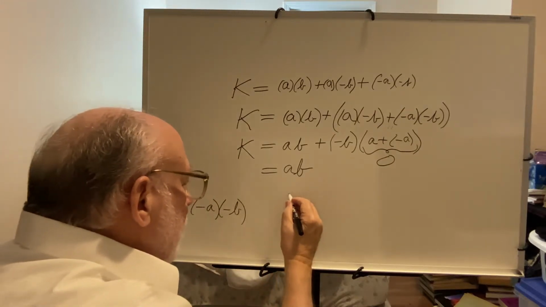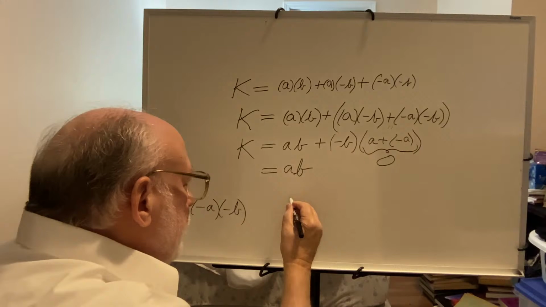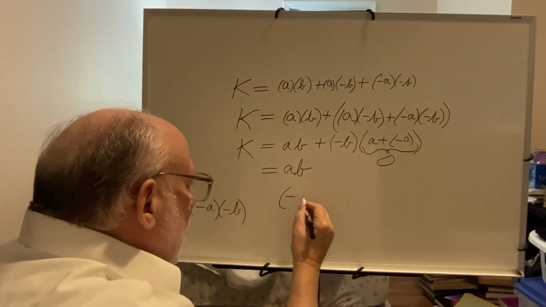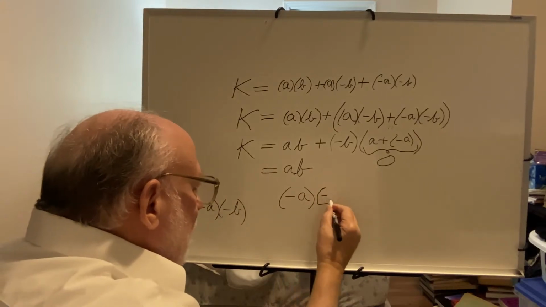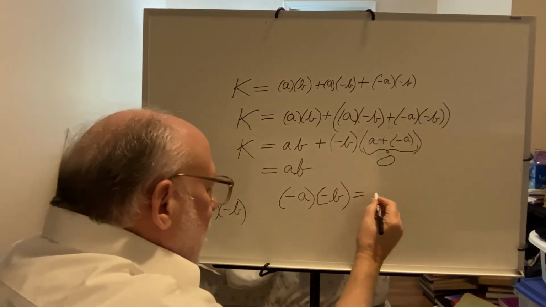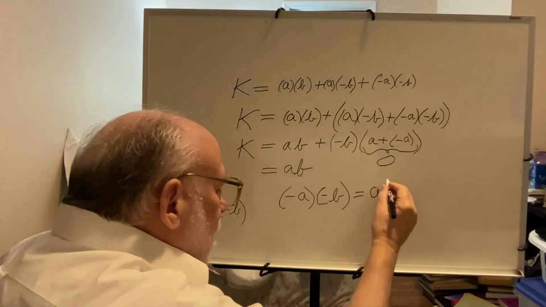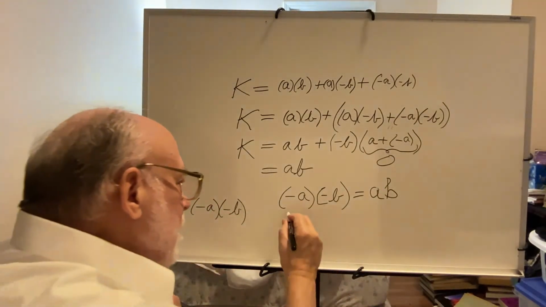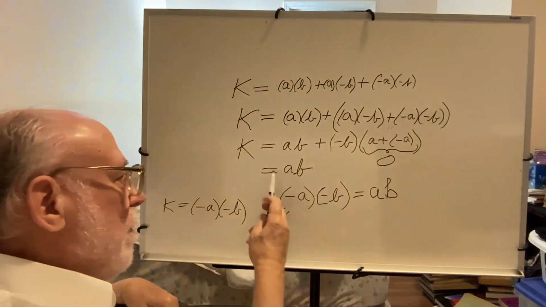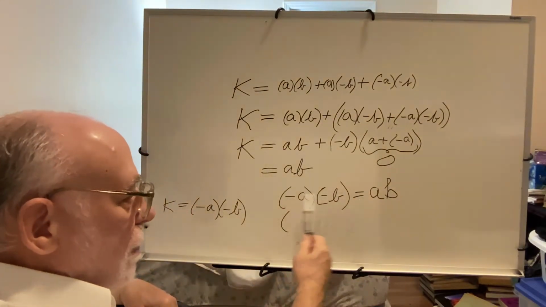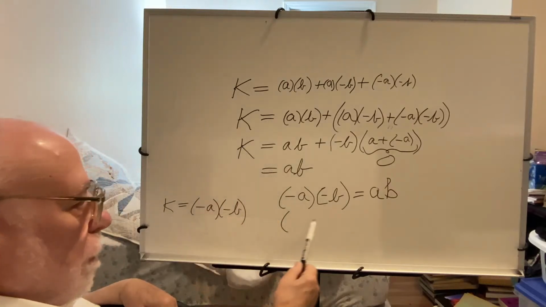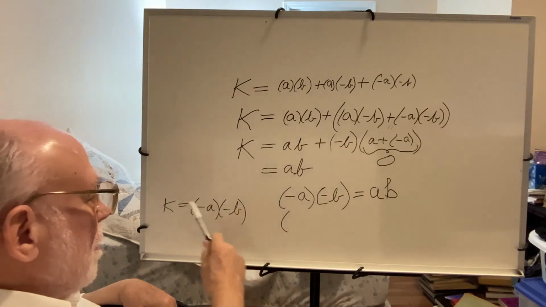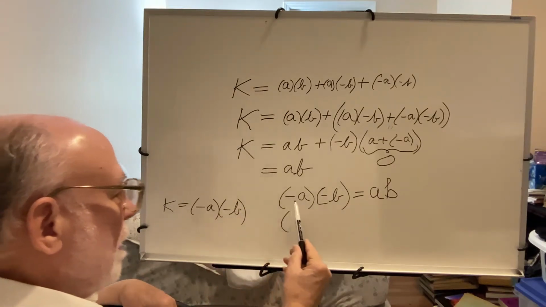So what we have is negative A times negative B would be equal to AB. Now we substitute 1 into this equality. And remember, the equality is symmetric and transitive, so all of this is kosher. This is K, and that is K, and these two are transitive, they are relating.